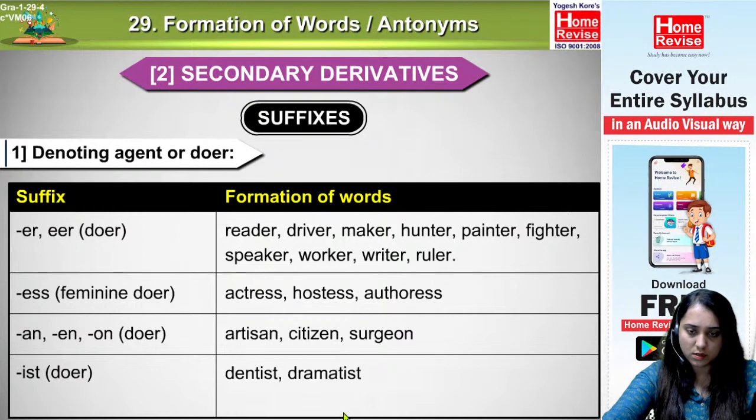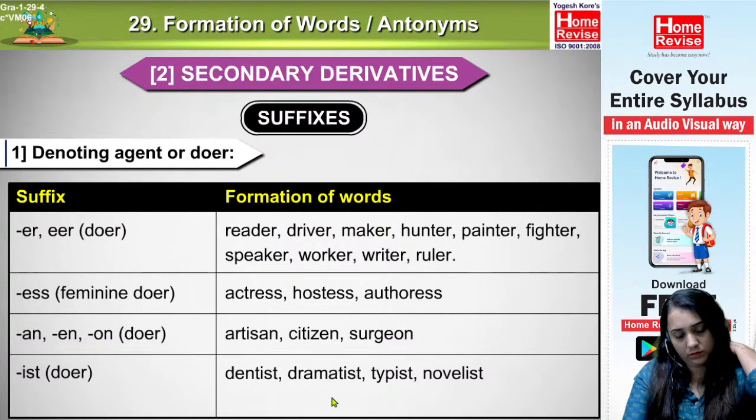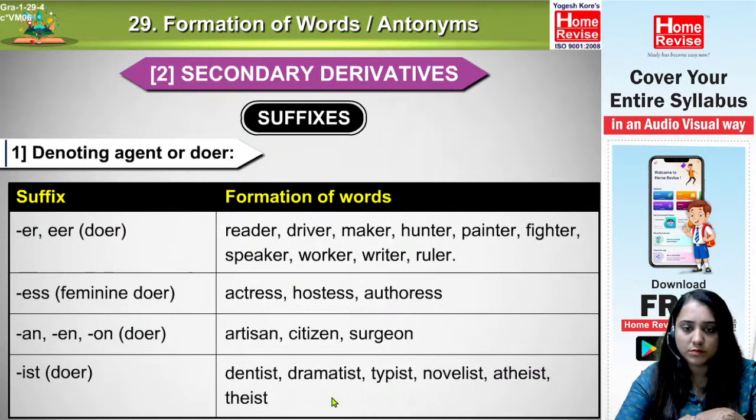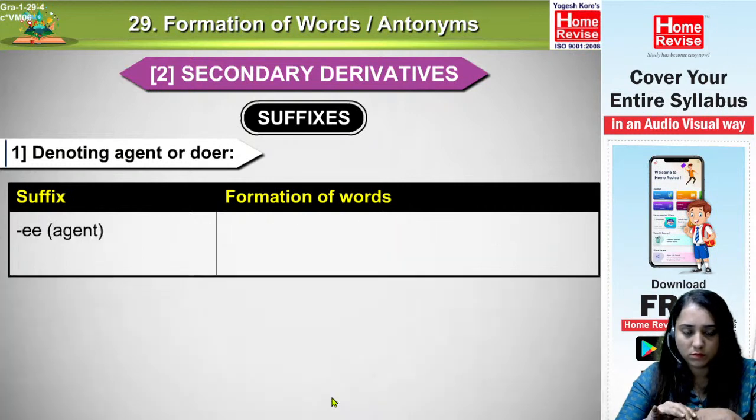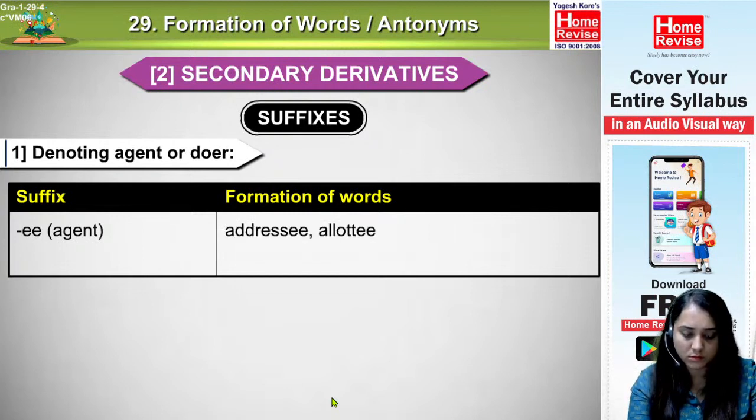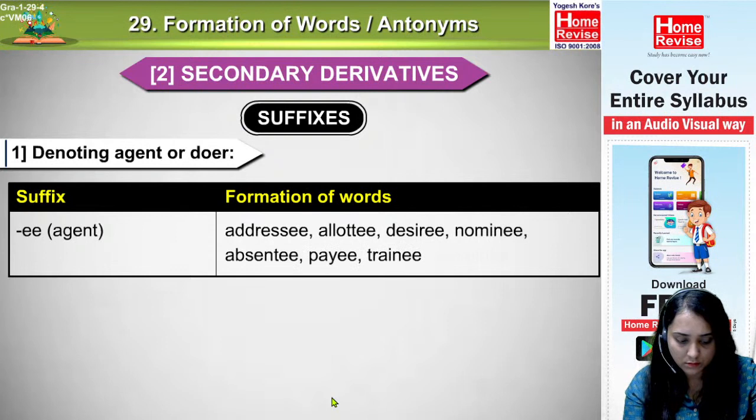Dentist, scientist, dramatist, typist, novelist, atheist, theist, anarchist, terrorist. EE, denoting the agent. Addressee, allottee, desiree, nominee, absentee, payee, trainee, examinee.